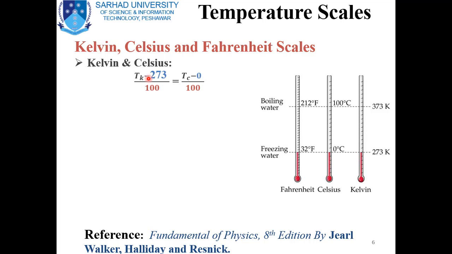And we can make a relation between the Kelvin and Celsius scales. We take the temperature on the Kelvin scale and subtract the freezing point of water on the Kelvin scale, which is 273, and the difference between the boiling point and the freezing point of water on the Kelvin scale is 100. So we divide this by 100.